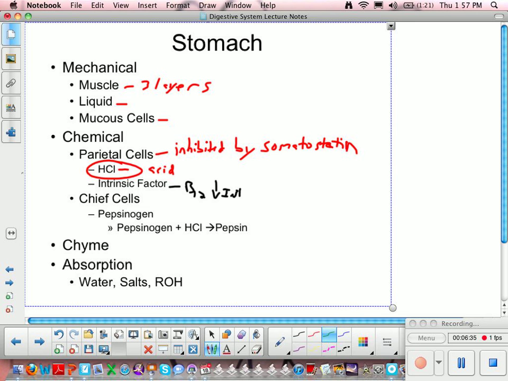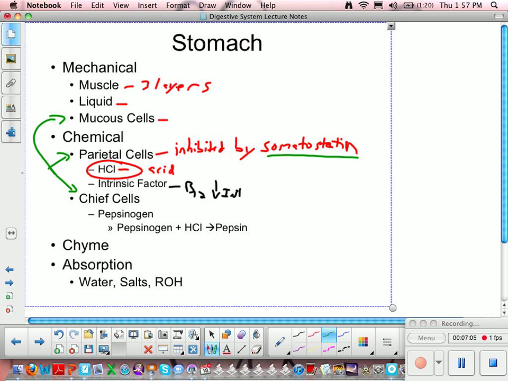So our parasympathetic nervous system, when we want to digest food, will inhibit somatostatin release. And it also stimulates the chief cells, the mucus cells, and the parietal cells. So the parasympathetic nervous system is stimulating all of those.